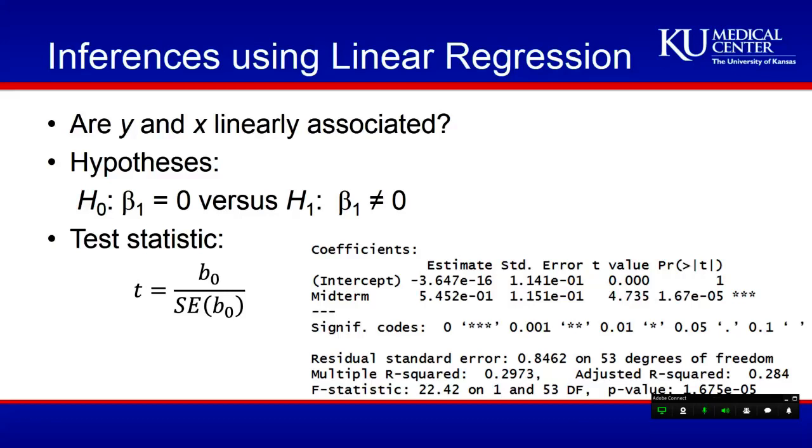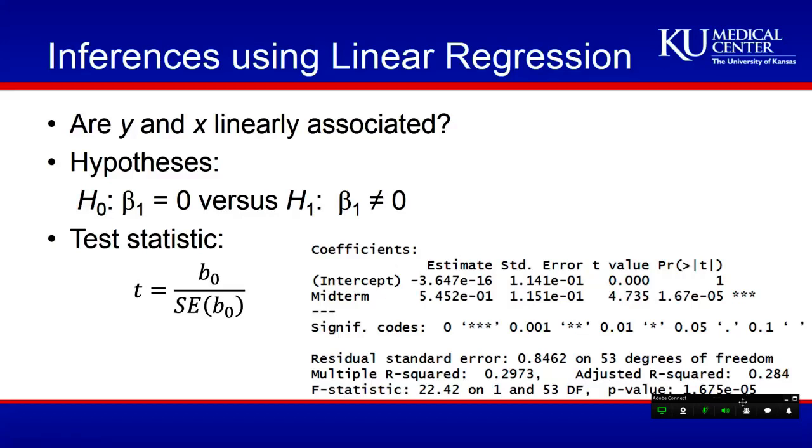When we do inferences in linear regression, we actually use a t statistic, and it's a really easy statistic. For example, this is just one example of a t. You take the estimate from the regression model, and you divide it by its standard error. And those in general will test whether or not the thing you're estimating is equal to 0 or not equal to 0. So here I'm showing you the test statistic for beta 0, not for beta 1.